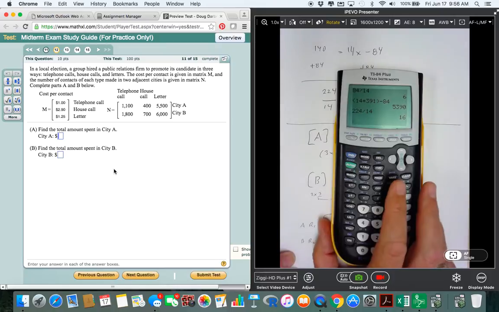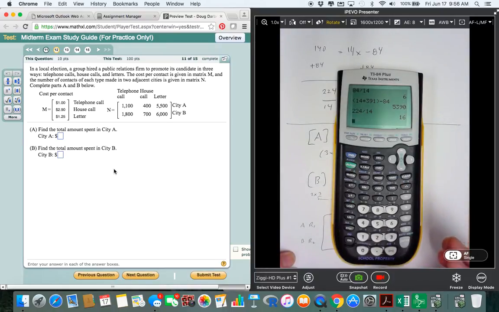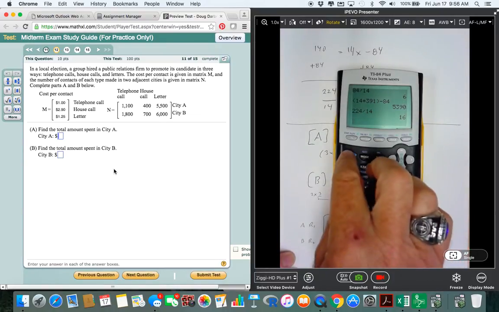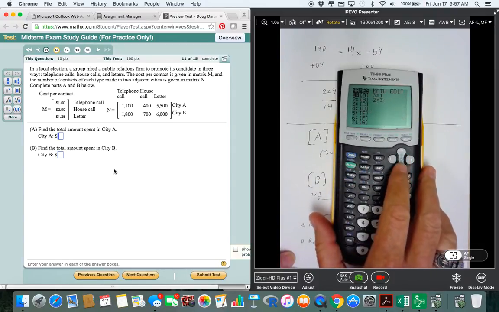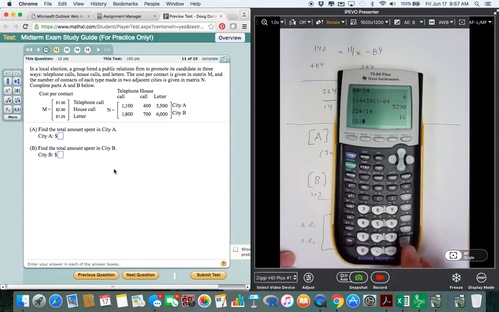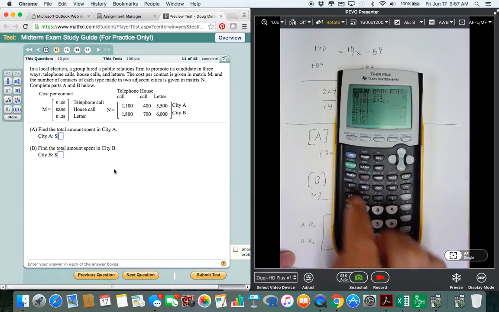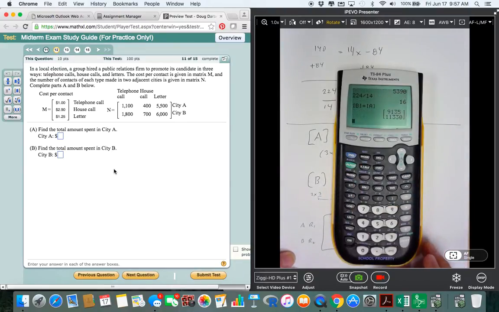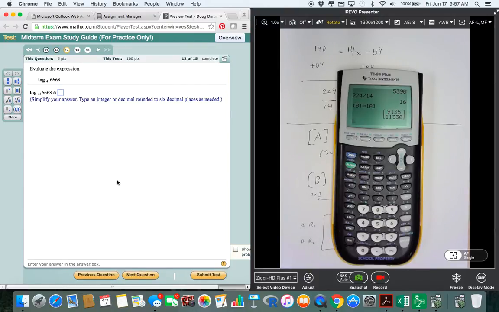Now, when I get out of here, the way I put it in my calculator, I need to make that B times A. So I'm going to go to my matrix, and I'm going to go get B. And I'm going to multiply it by matrix A. And I get 9135. And the total amount for B was 11,330. All right, evaluate the expression log base 41 of 6668.